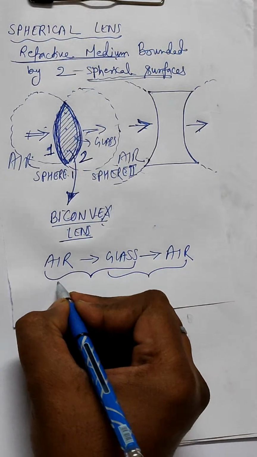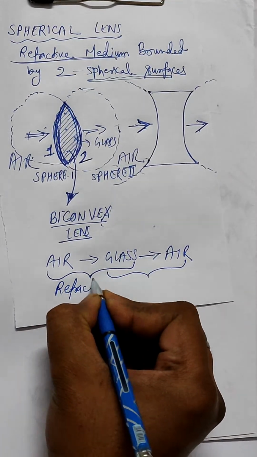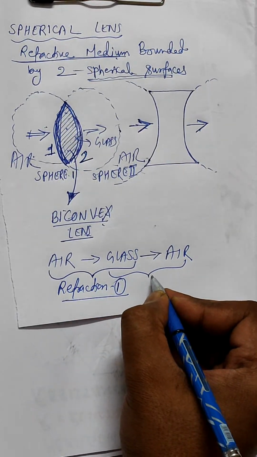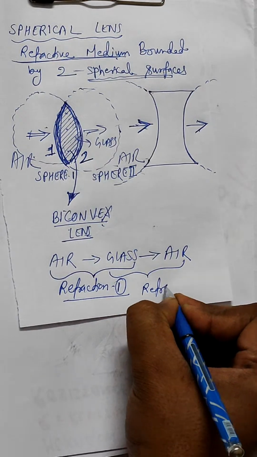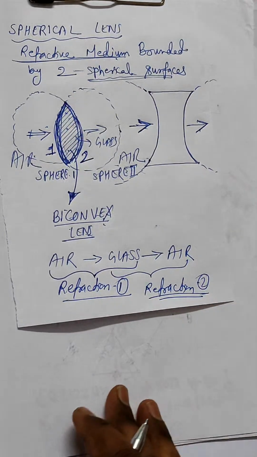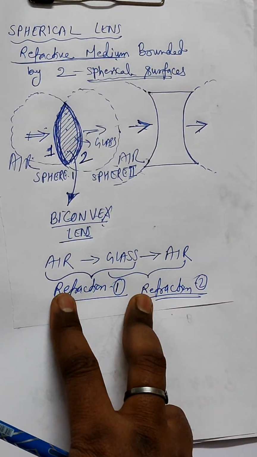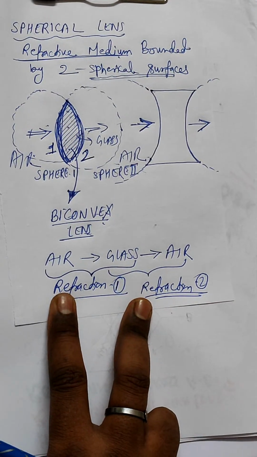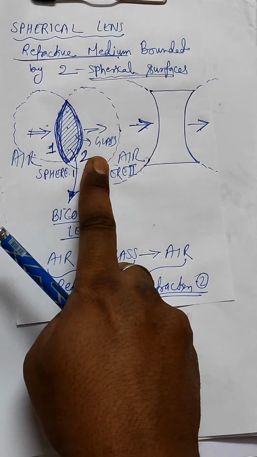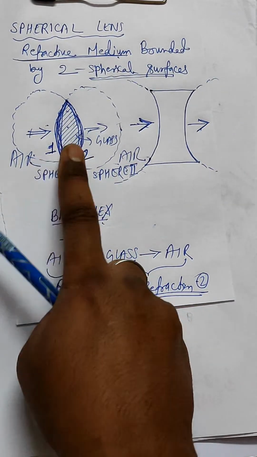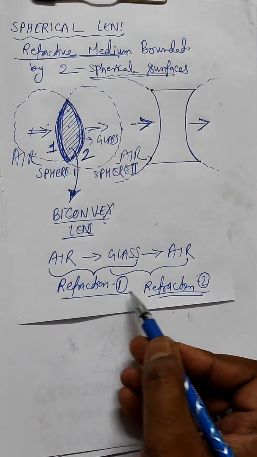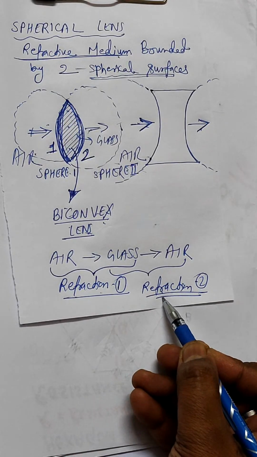This is refraction number one, and this is refraction number two. So two successive refractions are happening, one at the first surface and another at the second surface, in any spherical lens, right?